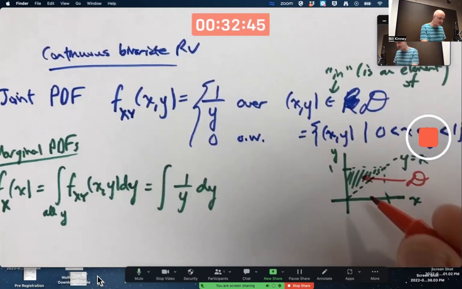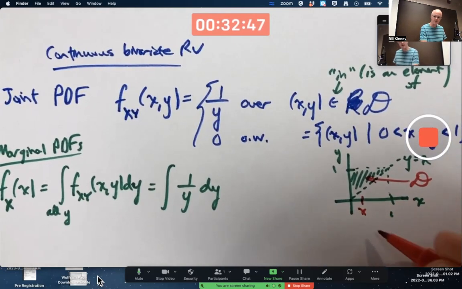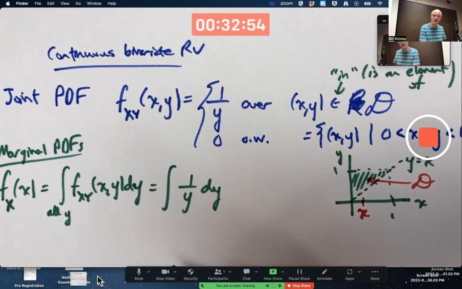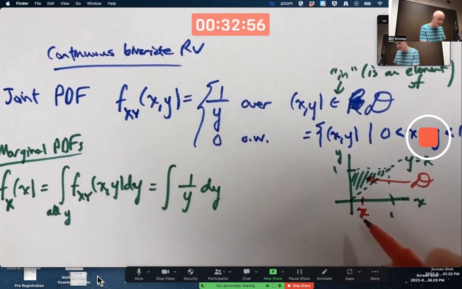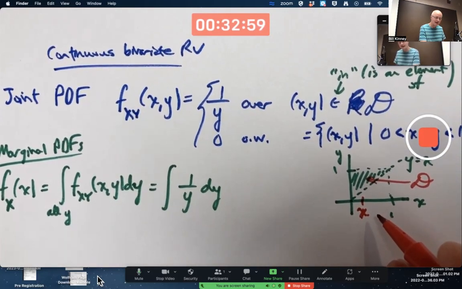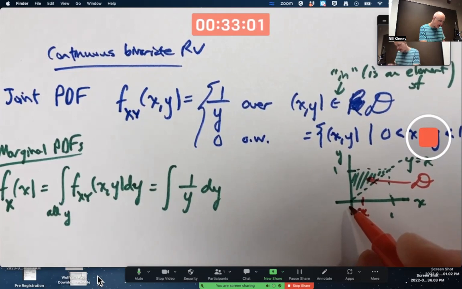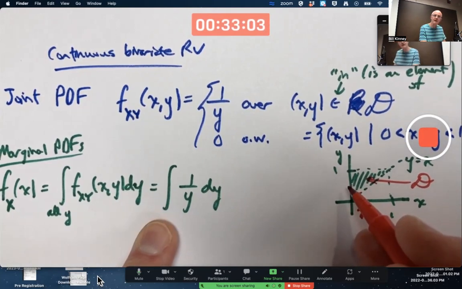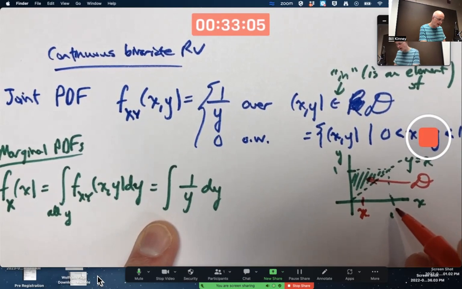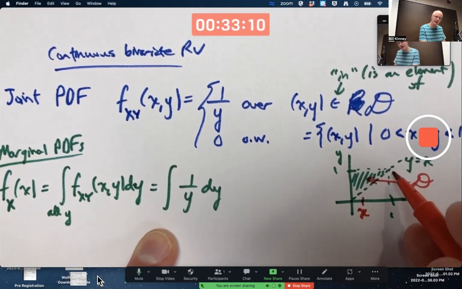What is x? It doesn't matter. Somewhere between 0 and 1, you can pretend it's there. The limits of integration for y depend on what x is. If x happened to be 0, y would go from 0 to 1. If x happened to be 1, y would go from 1 to 1, just 1 point up there.